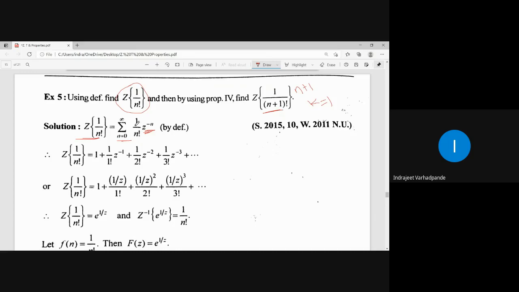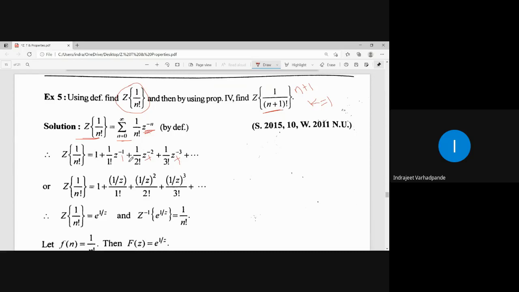So it is 1 plus 1 upon 1 factorial z to the power minus 1 plus 1 upon 2 factorial z to the power minus 2, 1 upon 3 factorial z to the power minus 3, and so on. Now this will be written as 1 upon z. This will be written as 1 upon z square. This will be written as 1 upon z cube.